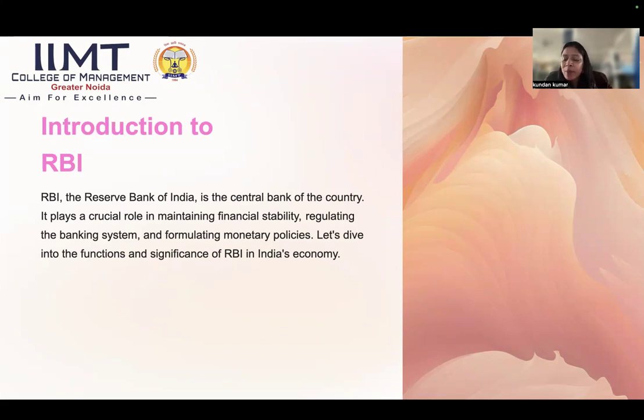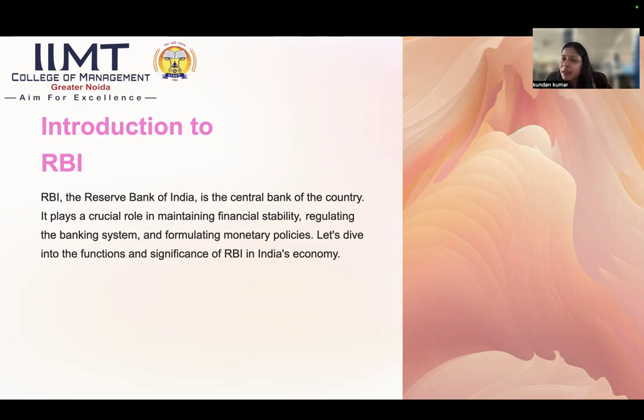The Reserve Bank of India is the central banking institution in India. It was established on April 1st, 1935, in accordance with the provisions of the Reserve Bank of India Act, 1934. The Reserve Bank of India was established as the central bank on the recommendation of the Hilton Young Commission.